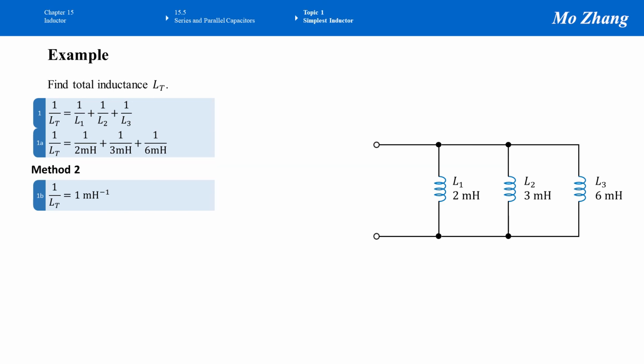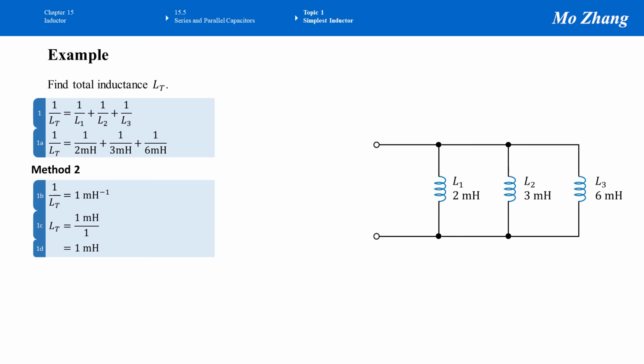However, this is 1 over millihenry, or millihenry to the negative 1. The reason is the value here is the reciprocal of the total inductance, Lt. Take the reciprocal of the unit just to match the expression, 1 over Lt. After flipping both sides of the equation, the left-hand side is Lt, the total inductance. On the right-hand side, we flip both the number and the unit. The result becomes 1 millihenry over 1, which is 1 millihenry.